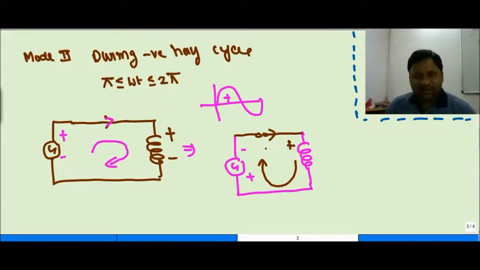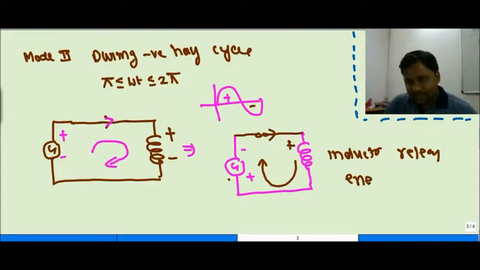So in the negative half cycle, the direction of current would reverse, and the inductor tries to oppose this, so to maintain the direction of current constant, the inductor releases the energy.